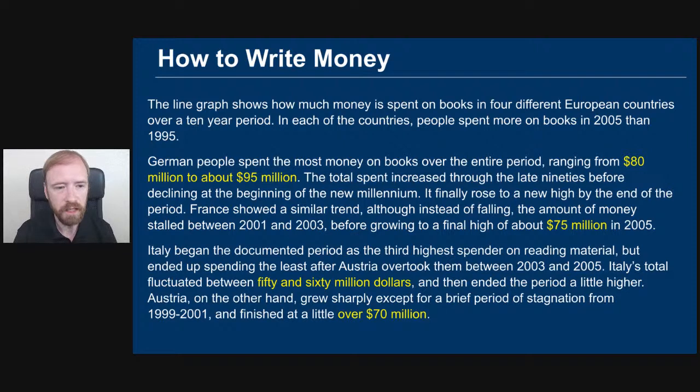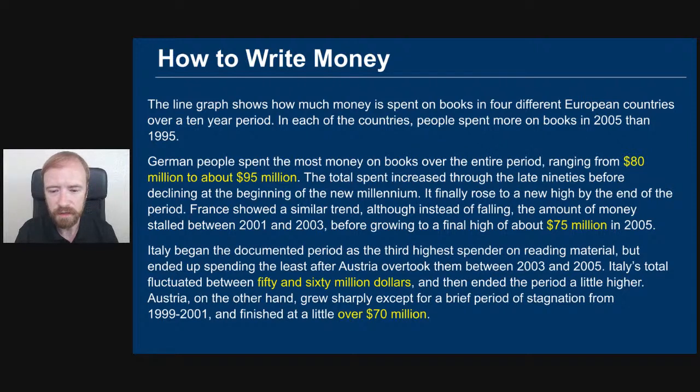You can read it in detail later, but I do want you to focus on the yellow parts, where it says in the second paragraph, German people spent the most money on books over the entire period, ranging from $80 million to about $95 million. That is how you express money.